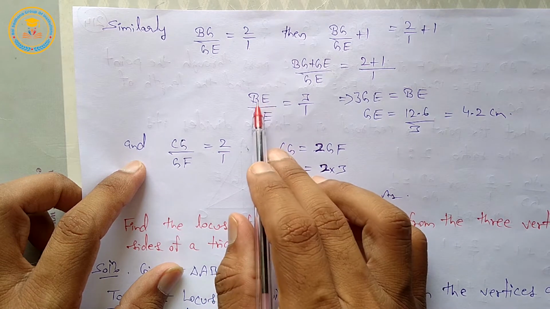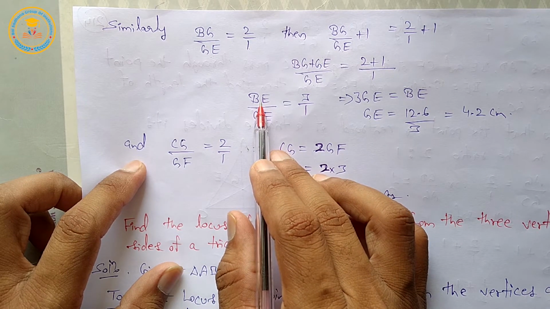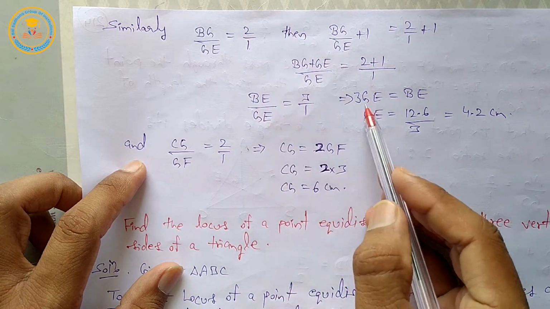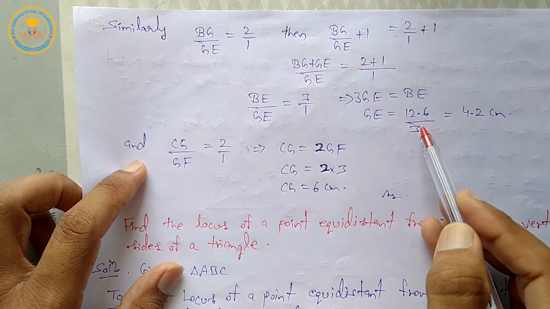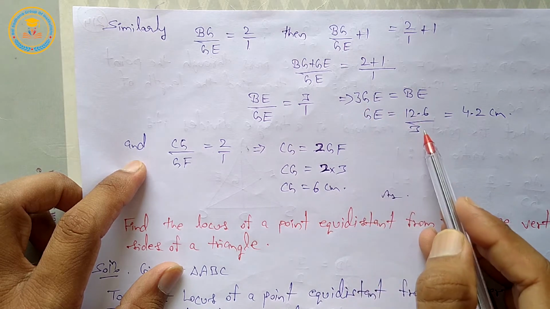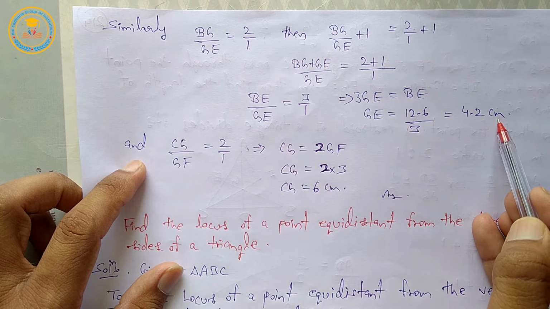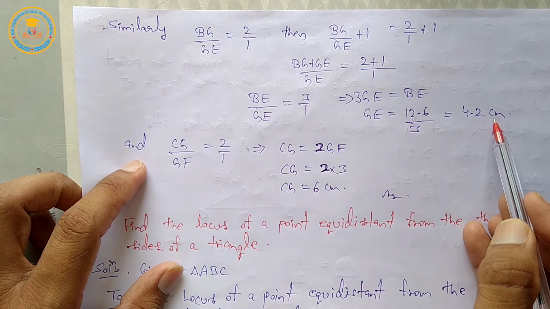Next, calculate CG. Similarly, CG upon GF is 2:1. By cross multiplication, CG into 1 equals 2 GF. The value of GF is given in the question, 3. So 2 into 3, CG equals 6 centimeter. Answer.